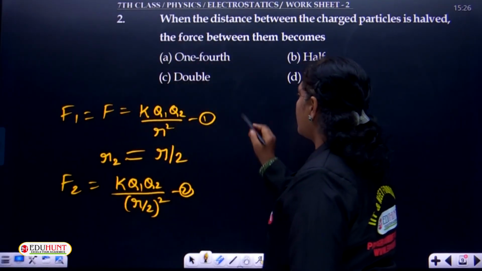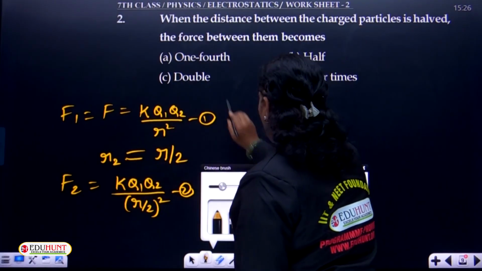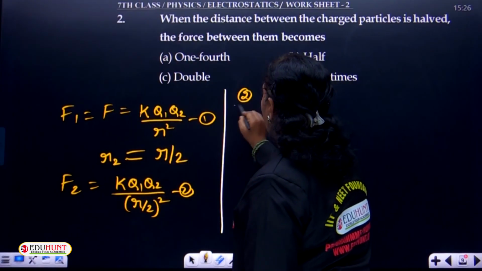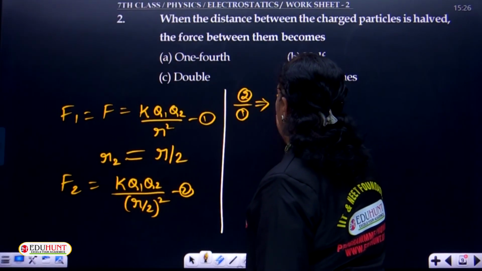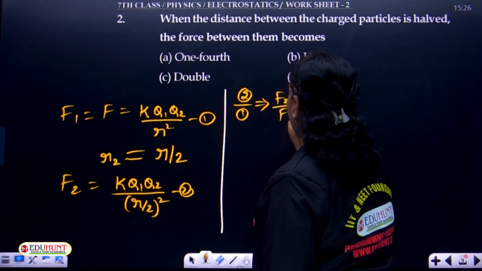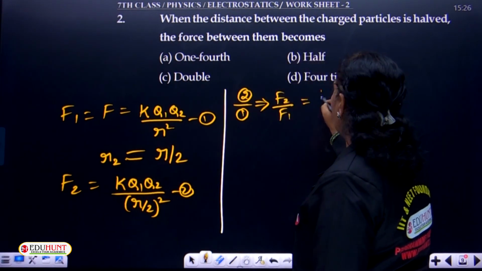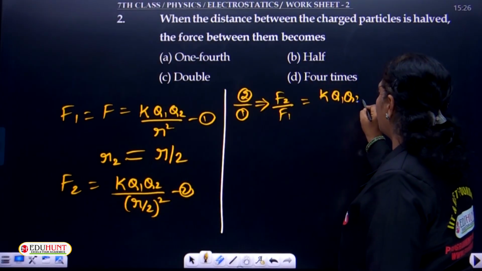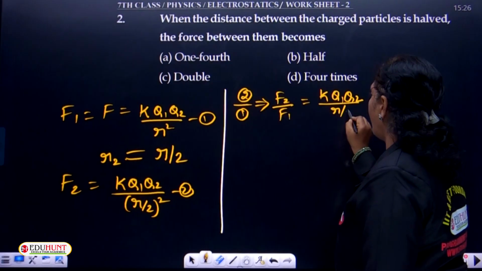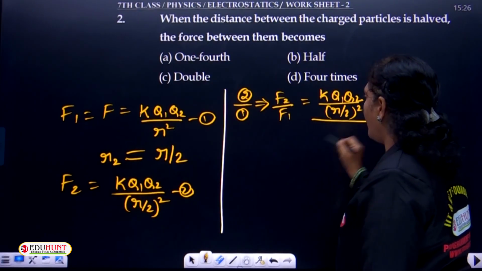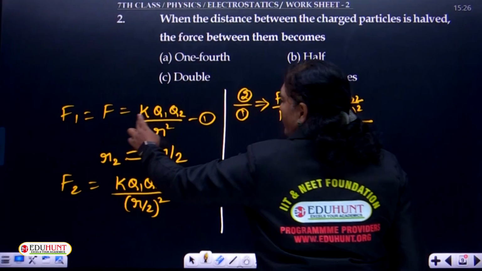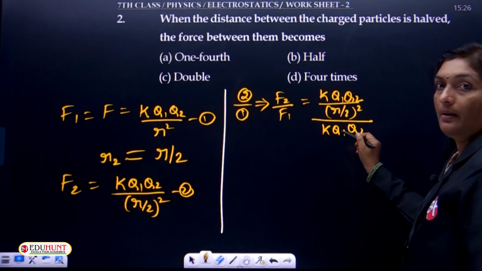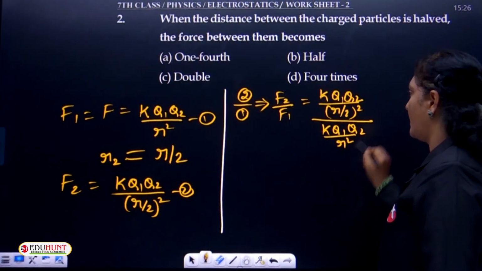Dividing equation 2 by 1, let us see what happens. F2 upon F1 is equal to K Q1 Q2 by (R by 2) whole square, whole divided by F1, which is taken as F, equal to K Q1 Q2 by R square.